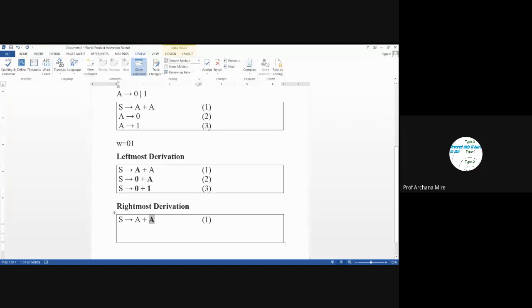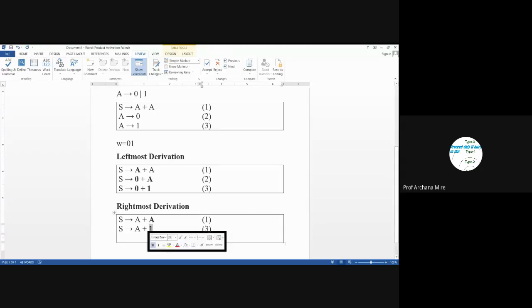Since on the rightmost side I require the terminal symbol 1, I will need to apply first production rule number, sorry, here this is our production rule number 3. So let's apply it. And here in place of A, I will be writing 1 by using production rule number 3.